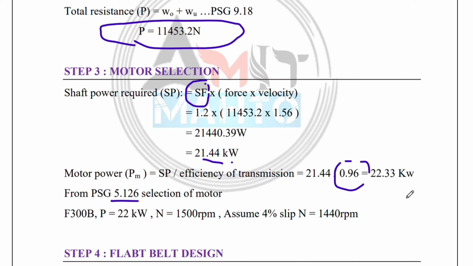The next value is not available, the nearby value is 22 kilowatt, so we will select this. You will get the motor designation as F300B, and speed 1500 rpm. We select 1500 rpm because there will be less vibration in the motor. At this speed we assume 4% slip, so after calculating we get 1440 rpm. So here step number 3 is also completed.